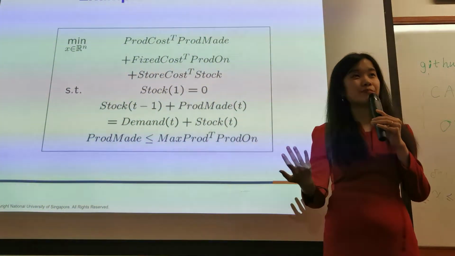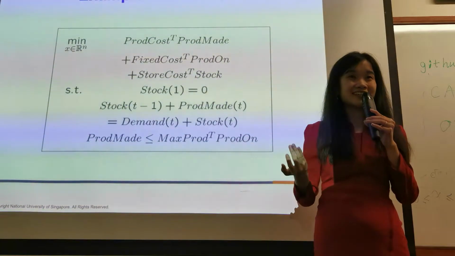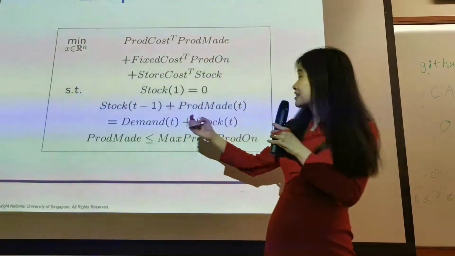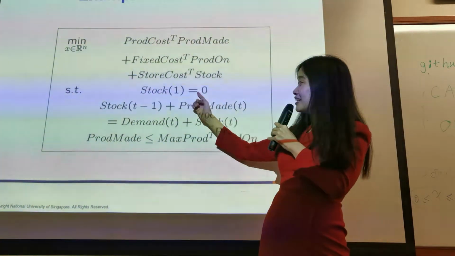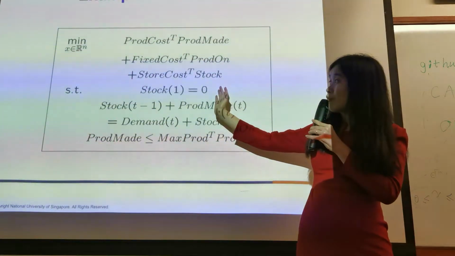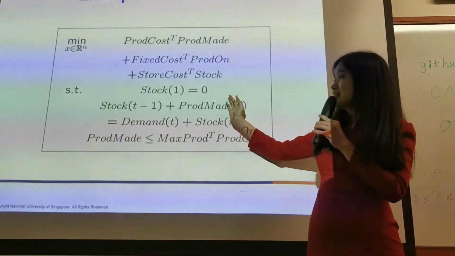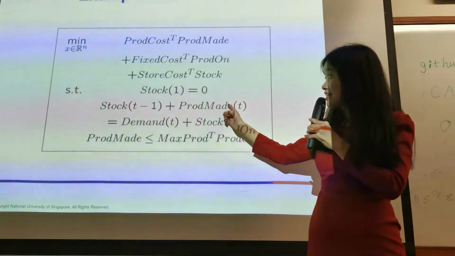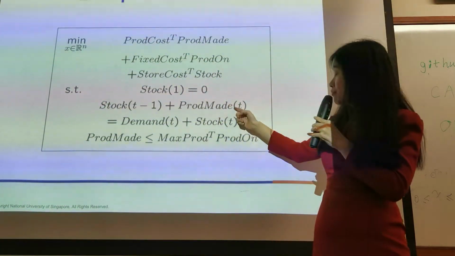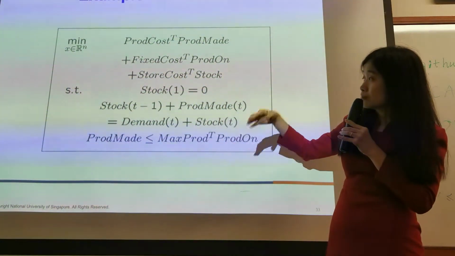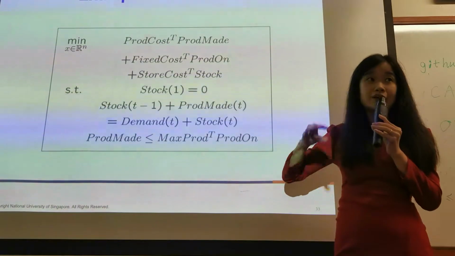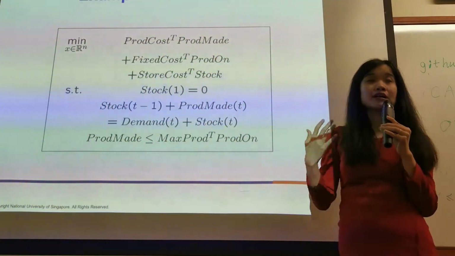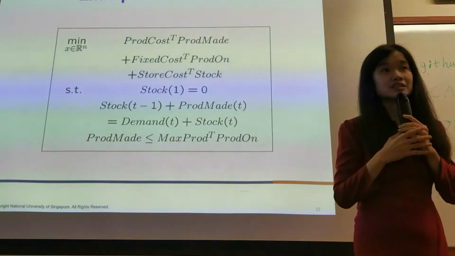So you say, oh, infeasible, because I don't know stock 0. That's why I must start with stock 1. I define this stock 1 initial condition as 0. Then when I calculate this, I can start from time 1, use this initial condition to move to time equals 2, relating to the initial condition.